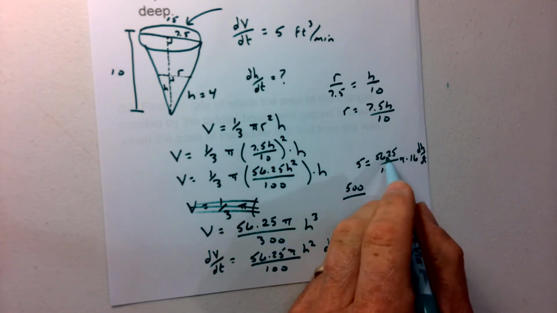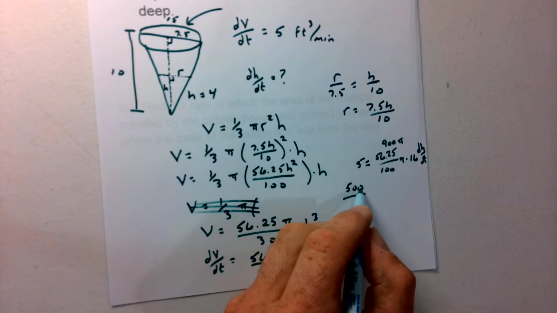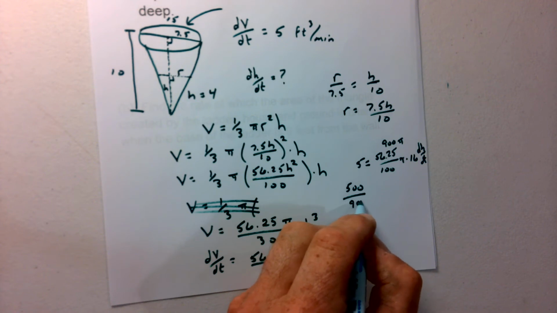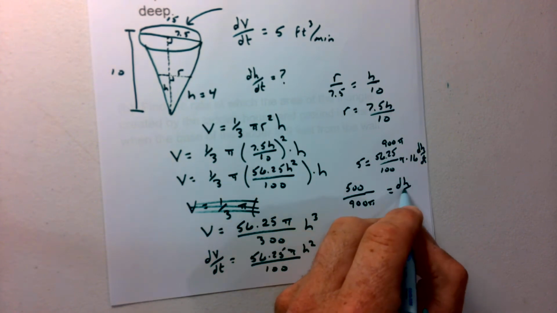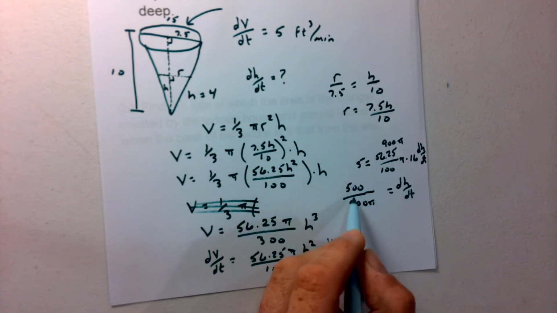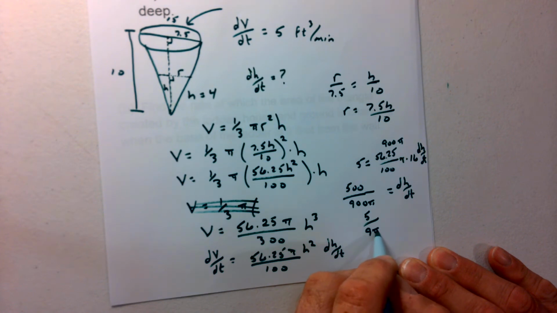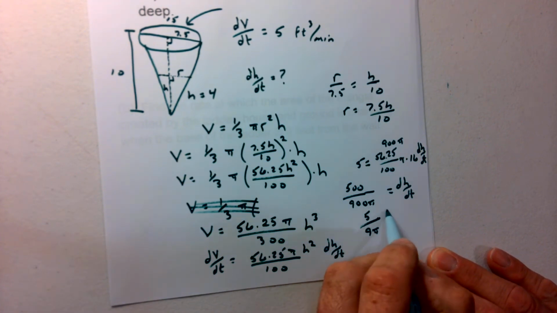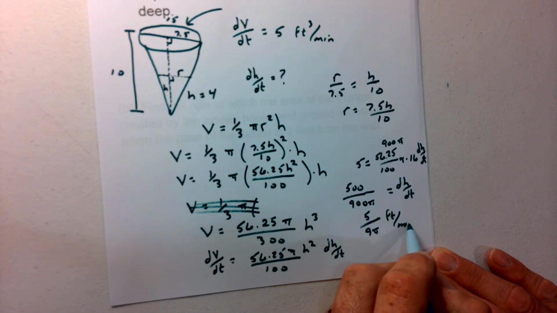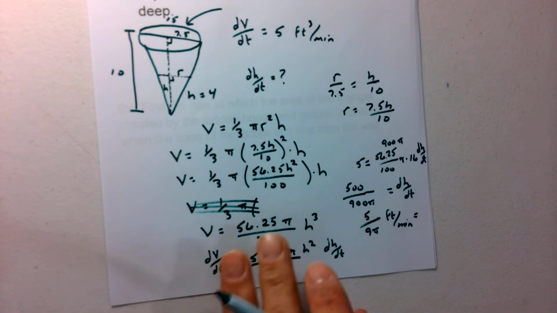It's going to be 900 pi. So we have 500 over 900 pi equals dh/dt. If we divide that out and clean it up a little bit, we have 5 over 9 pi. And our units in this case are going to be feet per minute. And that's how fast our height is changing.